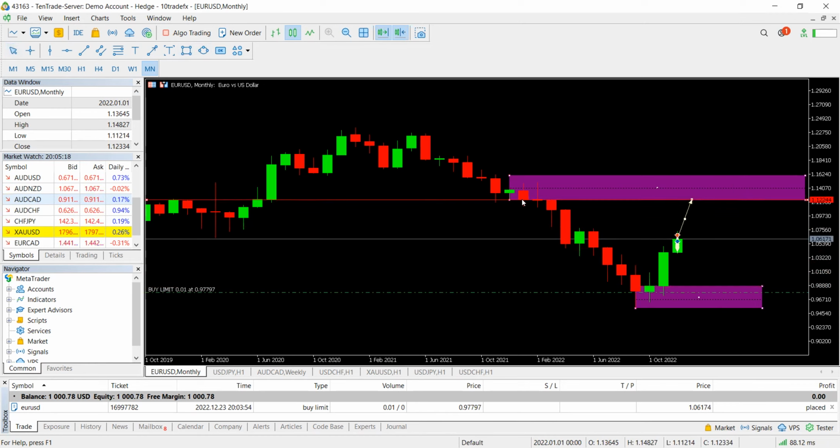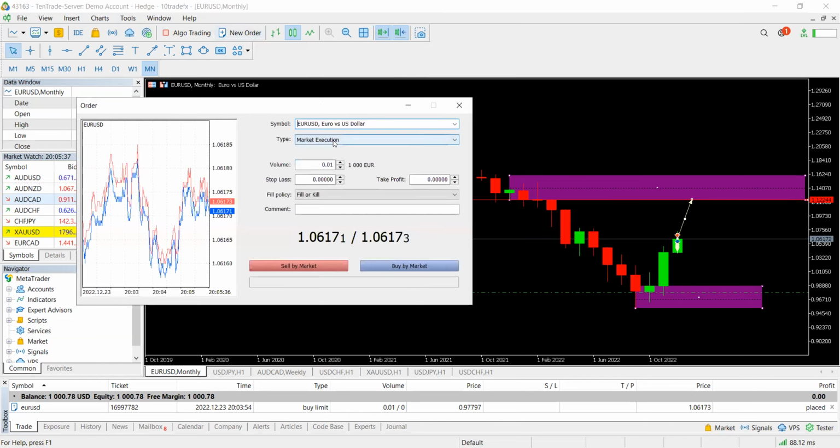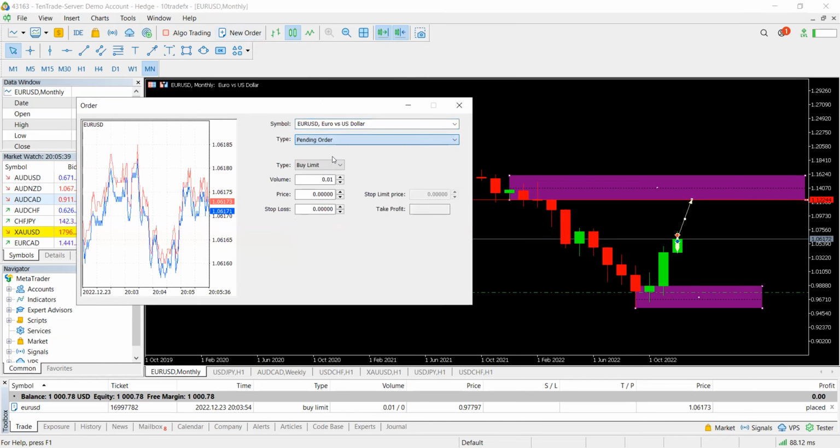So over here, when price starts going up and touches this price point, you want to set a sell limit. When price gets there, you'll be entered into the trade for a sell. How do you do that? You come to new order, change it to pending order.